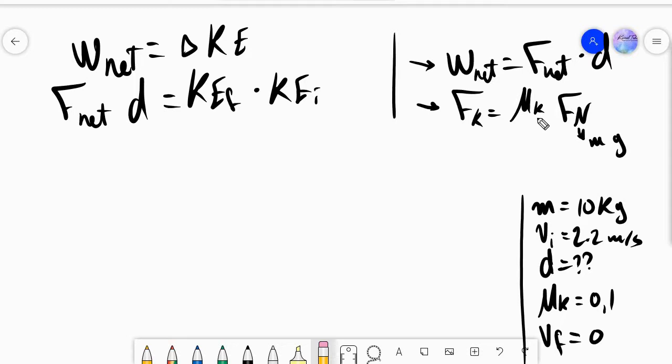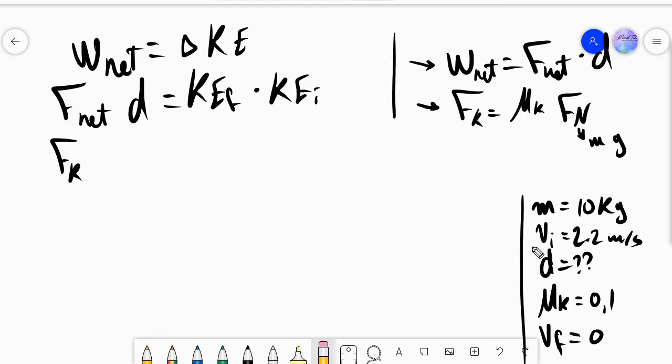Now in this case, F net here equals Fk, the kinetic friction. Why? Because that is the force exerted on this object. Most of the time you will use the force he gives you in the problem. Sometimes he will give you more than one force, and you will make them negative or positive.